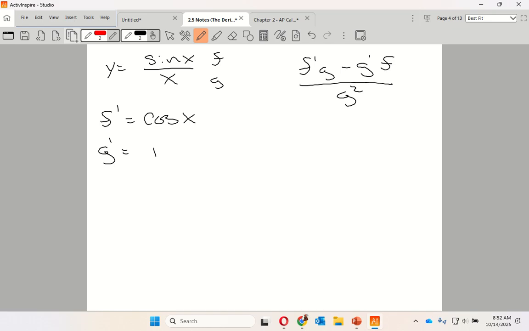So f prime is going to be cosine x times g, which is x, minus g prime, which is 1, times f, which is sine x, all over g squared, x squared.